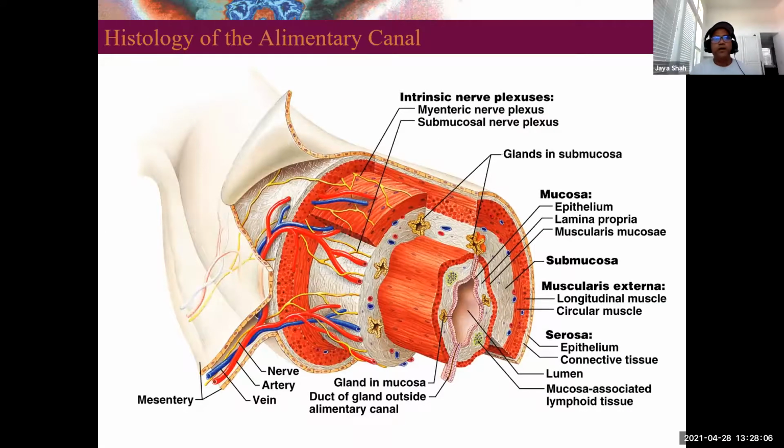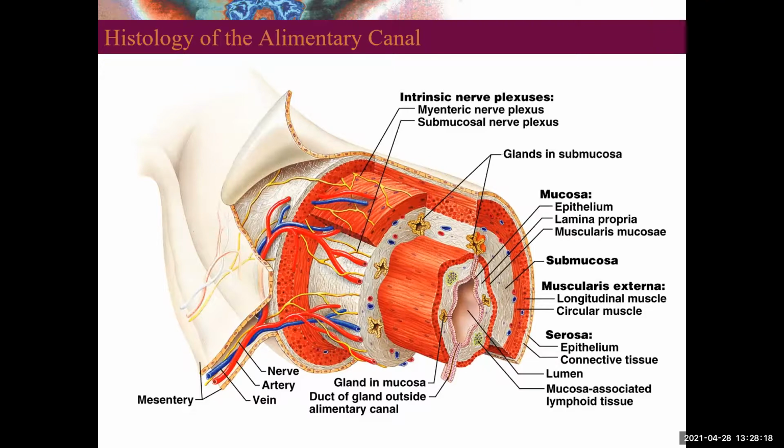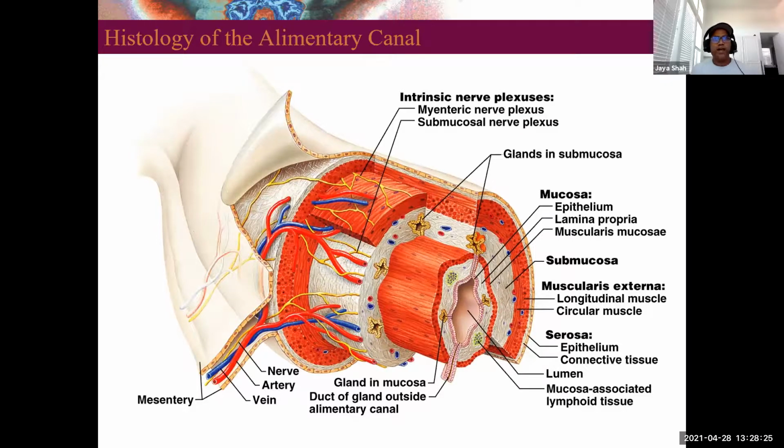Okay. Now, histology of the alimentary canal. Any tubular organ in our body has the same histological plan. What are the tubular organs in our body? Like the GI tract, urinary tract, reproductive tract, respiratory tract, name it. All the tracts have pretty much the same plan with some differences. The GI tract starts from your mouth and ends at the anus.